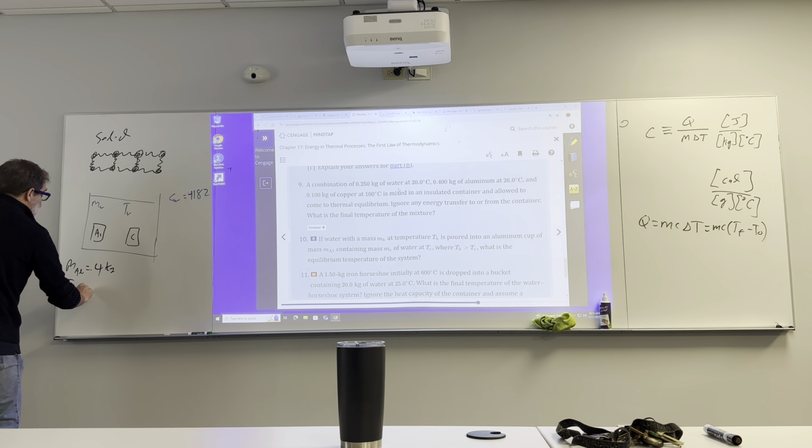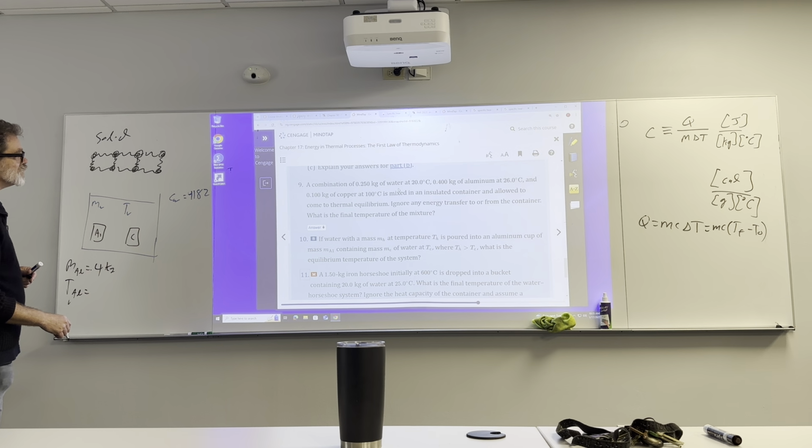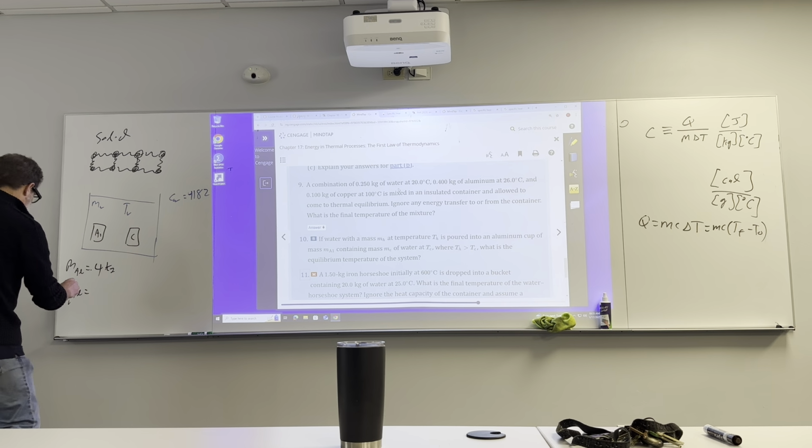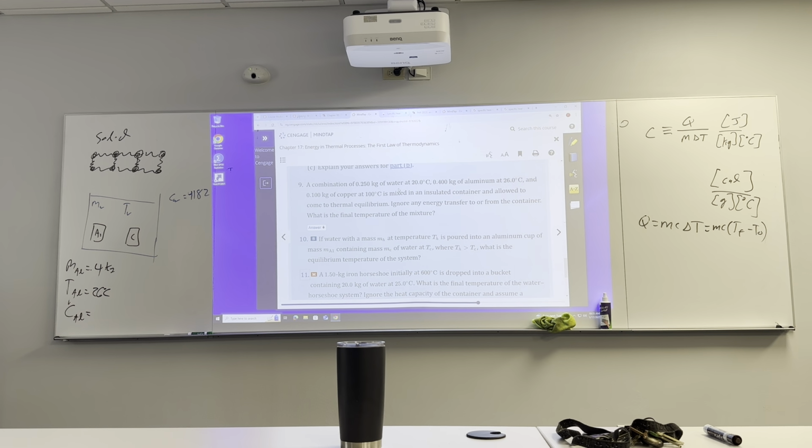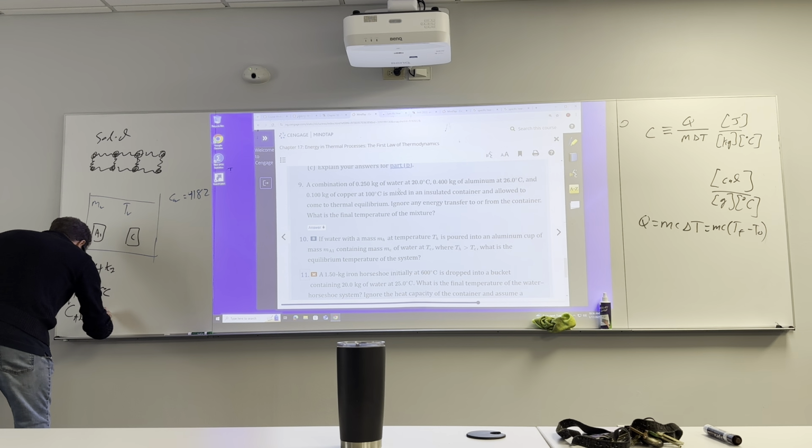Temperature of aluminum is what? 26? What's the specific heat of aluminum, anybody? 385 joules per kilogram Celsius.